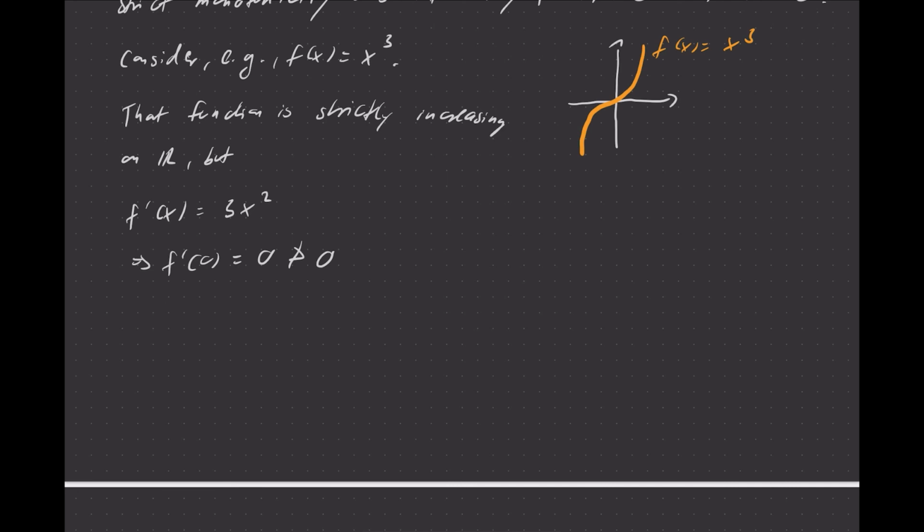What we can infer here is that the derivative is non-negative, so the function will be increasing, but we don't get the strictly increasing from the derivative. Okay, so the function is strictly increasing, but still the derivative might be 0 at certain points. So this is how we can infer monotonicity of a function that is differentiable.